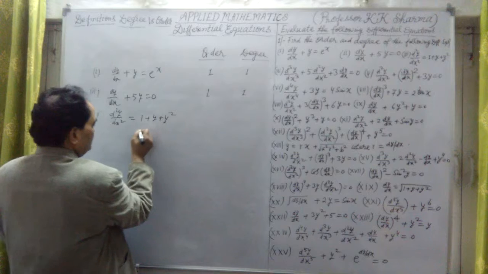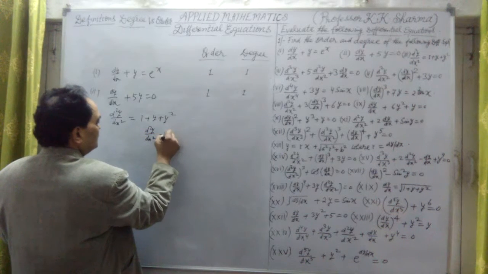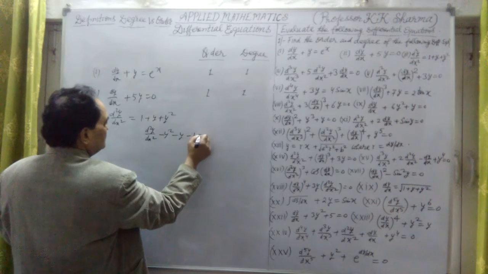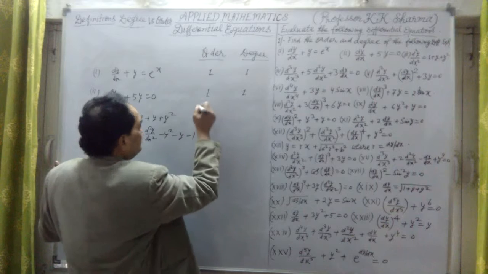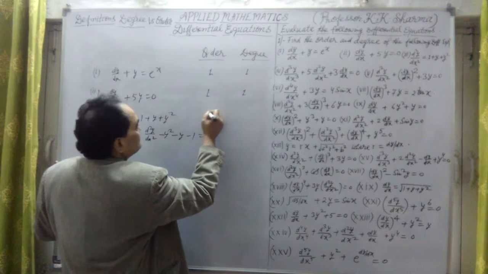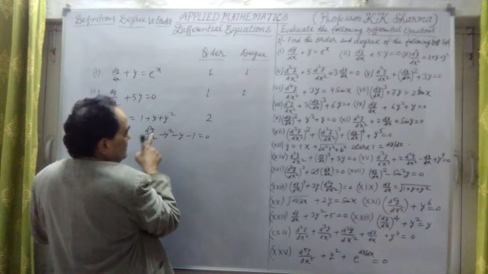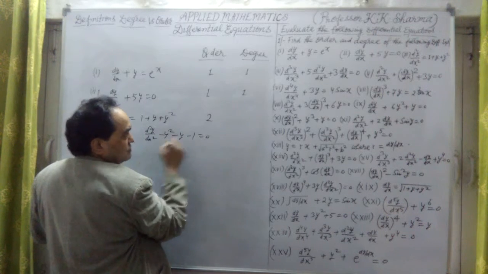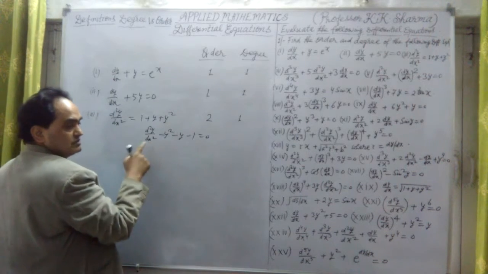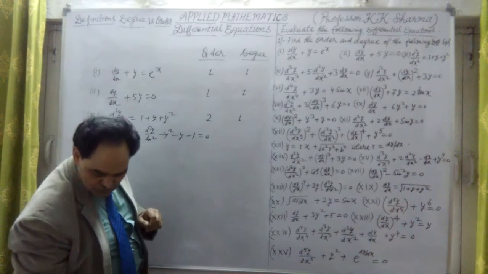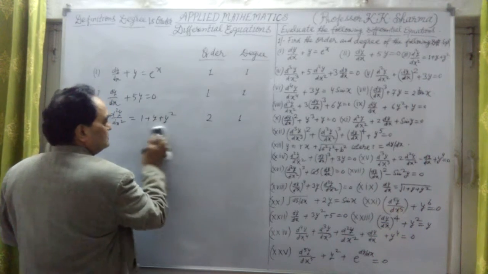The order is 2, because this is the highest order derivative, of second order. But the degree is 1 here, because it is not repeated; its power is only 1. So the order is 2 and the degree is 1.